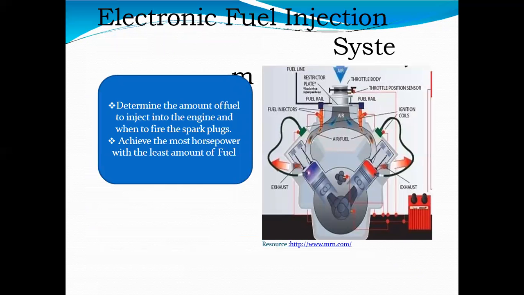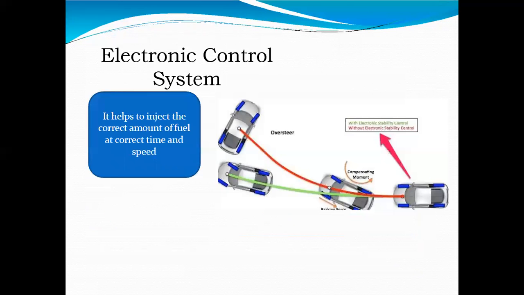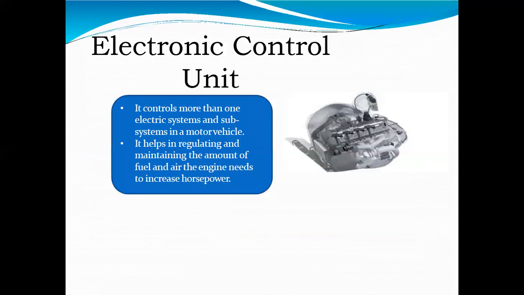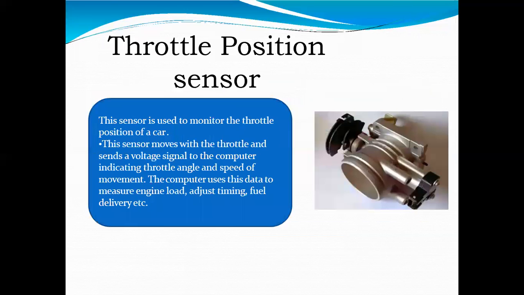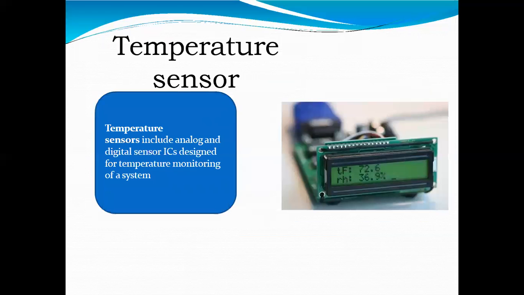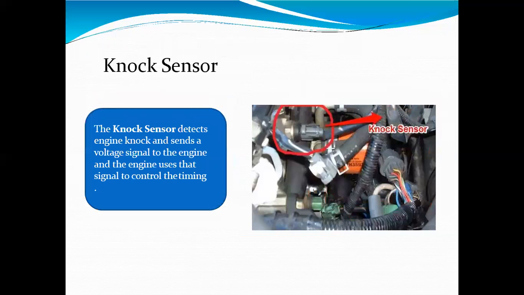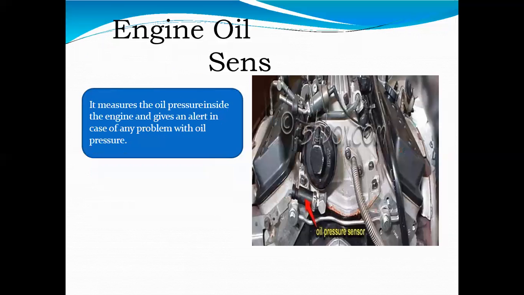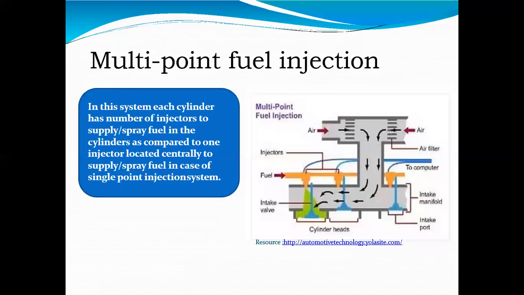So there is the electronic fuel injection system, and like that we have different kinds of systems. Let's see the block diagram of the EMS. These are the different sensors used in the engine management system. We'll see them one by one, but before that, we'll see the block diagram of EMS.